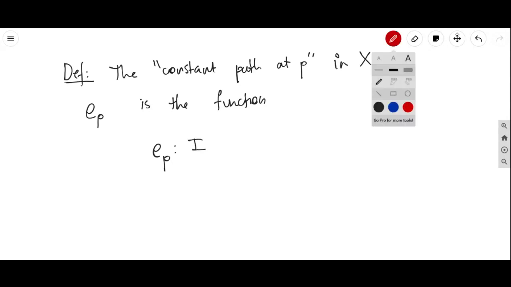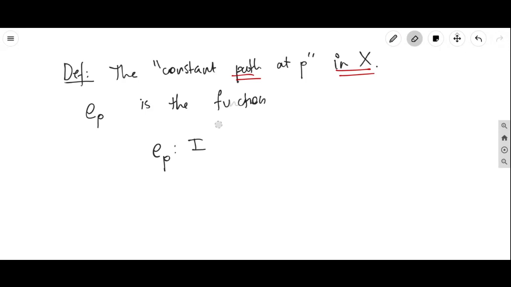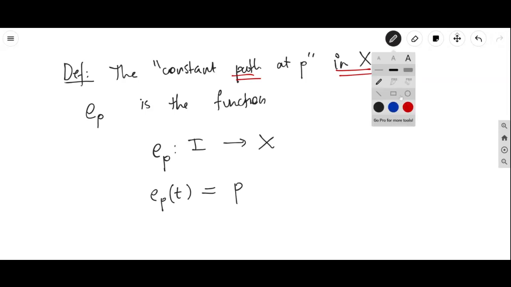So a path in X is always a mapping from the unit interval into X. And you have to give it the formula. So the formula here is that it's always equal to P. That's why it's called the constant path. So intuitively, this is the path that just stays at P and it never moves. So that's the simple idea. That's what we call the constant path. So not very interesting, but you're going to see the reason why we are introducing it.